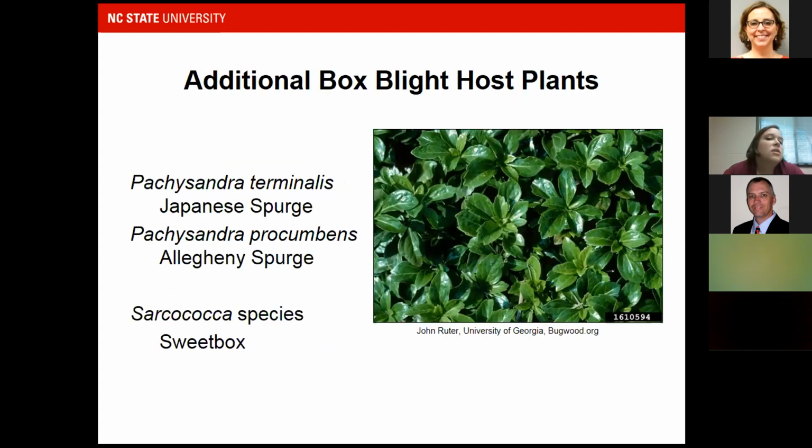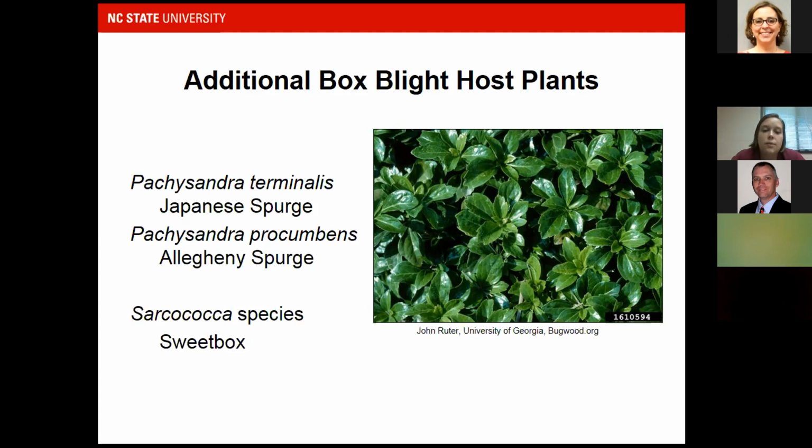There are some additional boxwood blight host plants. Pachysandra, which is commonly seen in the landscape, can also be a host for boxwood blight. So the fungus can live and survive and hang out in those plantings, even if you're not seeing the predominant symptoms, or maybe the plant's not affected greatly, but it can still survive and then of course spread to your boxwoods.